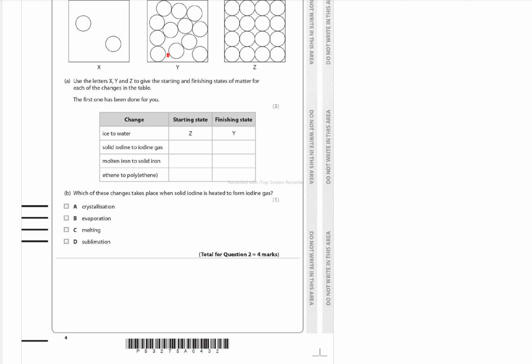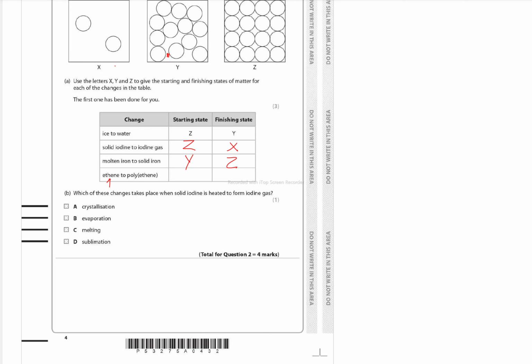use the letters X, Y, Z to give the starting and finishing states. Solid iodine goes from Z to solid iodine to iodine gas, that's X. Molten iron, that's liquid iron to solid iron. Liquid will go from Y to Z. Ethene to polythene.